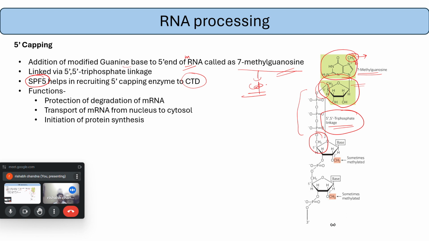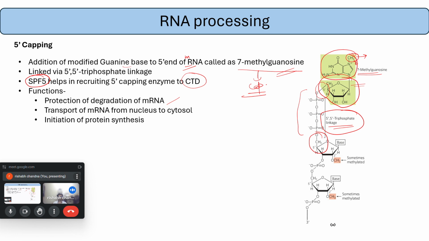So what is the function of the cap? It protects the mRNA from degradation by RNases. It helps in transport of mRNA from the nucleus to the cytosol, because certain proteins recognize and bind this cap, which helps it move out through the nuclear pore. Then there is initiation of protein synthesis.